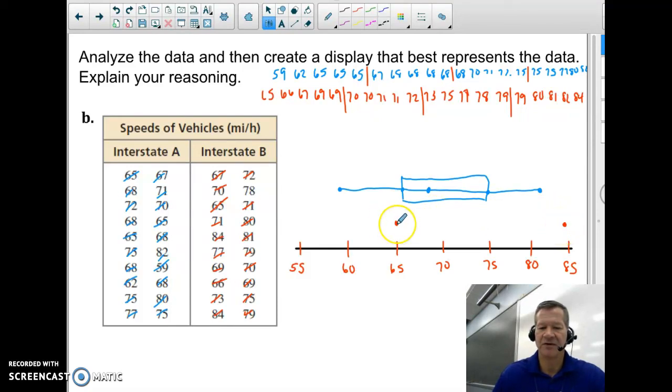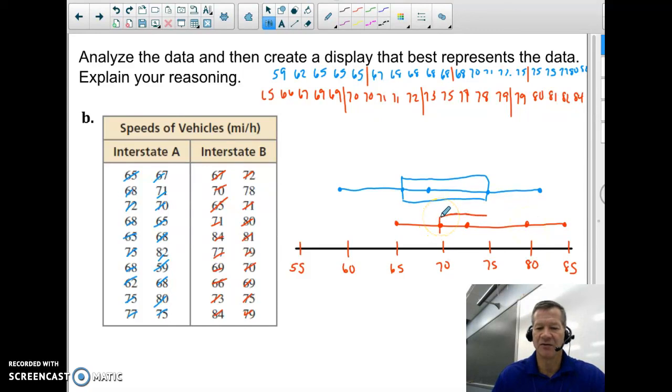The high was 84. Draw a line between those. That was almost a line. Between 69 and 70 would be 69 and 1/2, so just shy of 70. Between 72 and 73 would be about 72 and 1/2, so right smack dab in the middle of 70 and 75. And then 79 would be the third quartile. Make our box here.